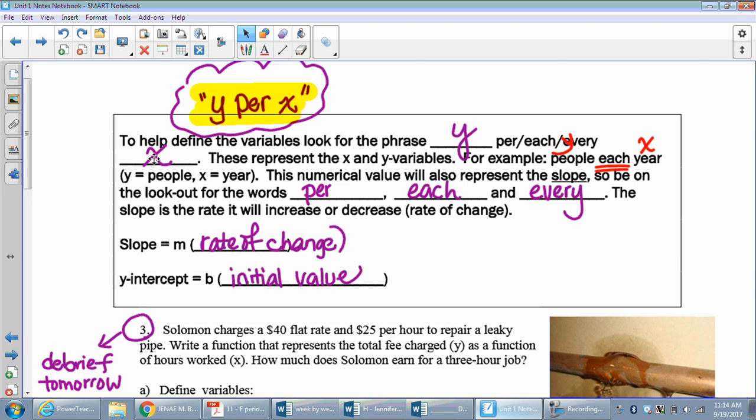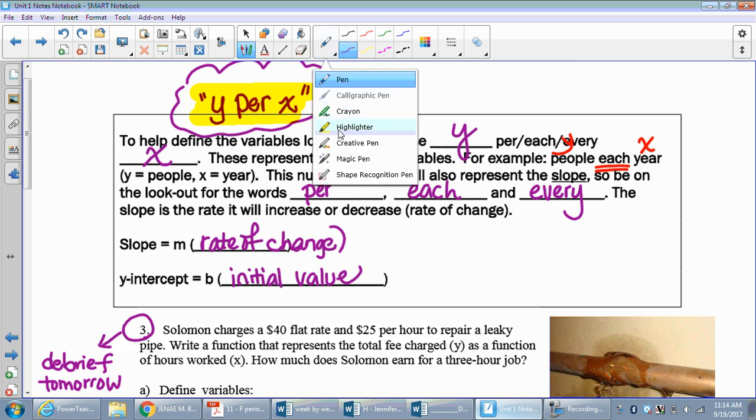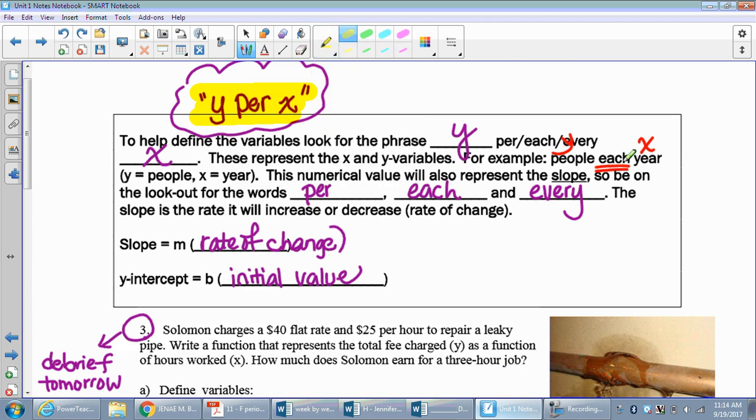At the end of yesterday, we said to help define the variables, look for the phrase blank per each or every blank, because you'll label that value y and what comes after per each or every as x. An example of that is people each year. So the key vocab word there is each.